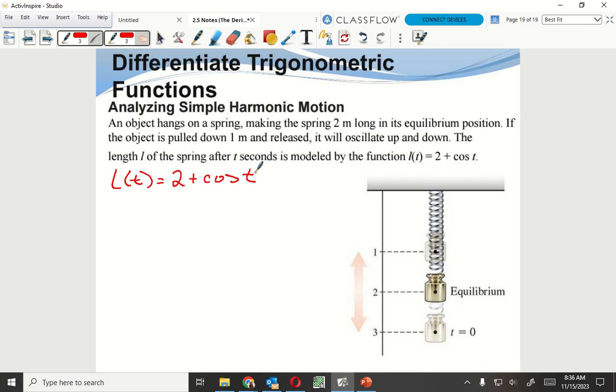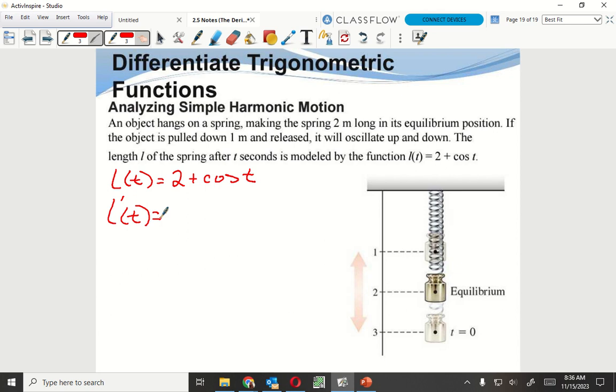So it says find the velocity. That means I need to find the derivative. If it says find the velocity, I'm finding the derivative. That's what we're doing here. So L prime of t: what's the derivative of 2? 0.